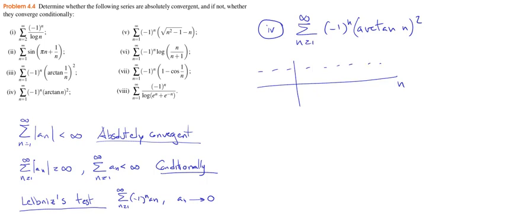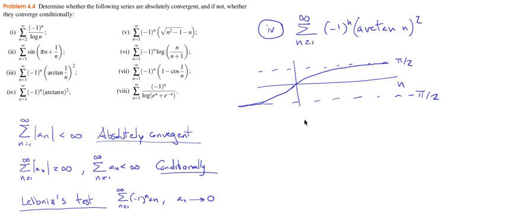The arctangent is this function that at minus infinity is close to minus pi halves. It crosses 0 here, and then it goes on to pi halves when n goes to infinity, okay?